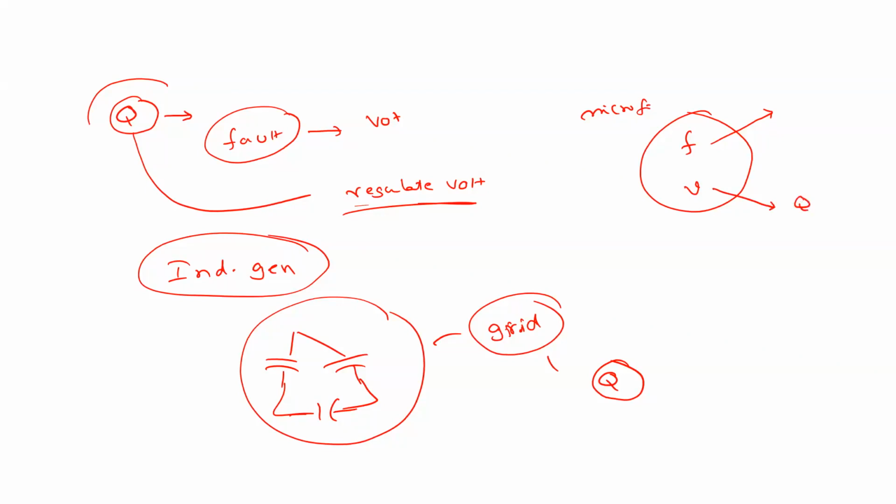If it is fluctuations in frequency, how exactly will you control it? When you control the active power, the frequency fluctuations can be reduced. And if we have voltage fluctuations, we can control them by controlling the reactive power.